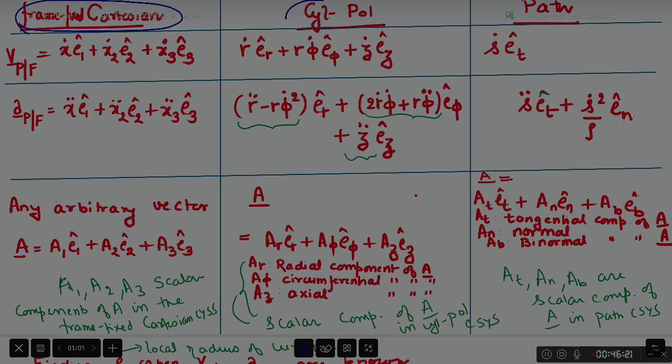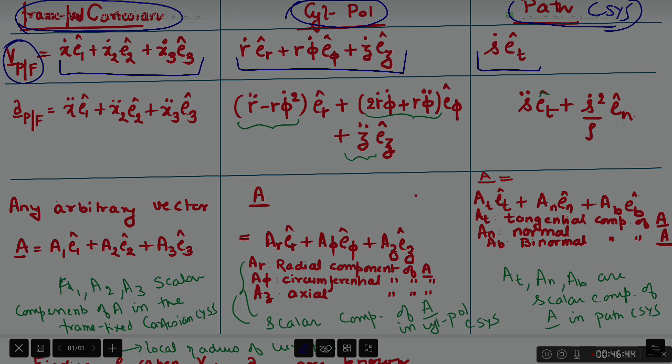Here we have the cylindrical polar coordinate system, and this is the path coordinate system. If you want the expression of VPF, this is what we obtained if your working coordinate system is frame fixed Cartesian. This is what we obtained for the same vector when you have the cylindrical polar coordinate system, and this is what we obtained today when we use the path coordinate system as our working coordinate system.